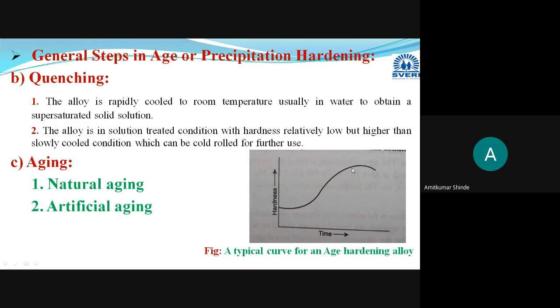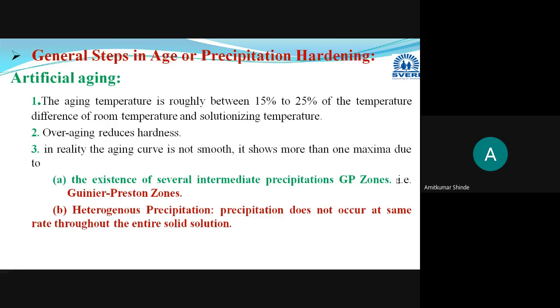It will show you more than one peak value, or more maxima. It will increase, then decrease, and again increase like this. Some more maxima will be there, and that is due to the presence of some intermediate phases.